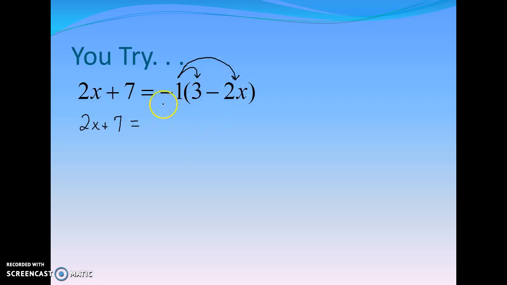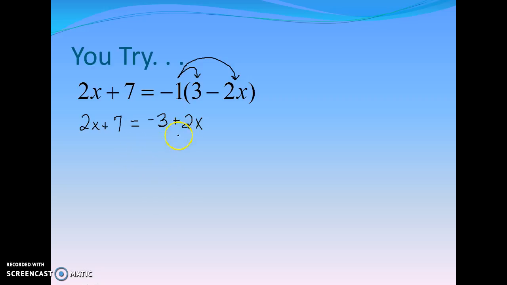So this basically just means I'm going to multiply a negative times each one of these values on the inside of the parentheses. So -1 times +3 is going to be a -3. And -1 times -2x, 1 times 2x, of course, is just a 2x. And negative times negative is a positive. Okay, so this is what that simplifies to.